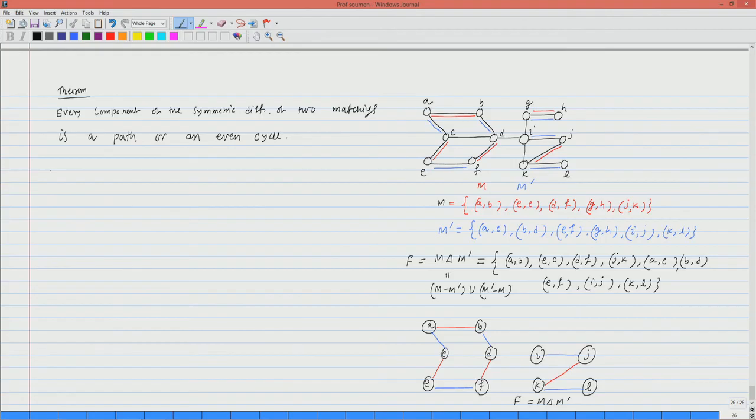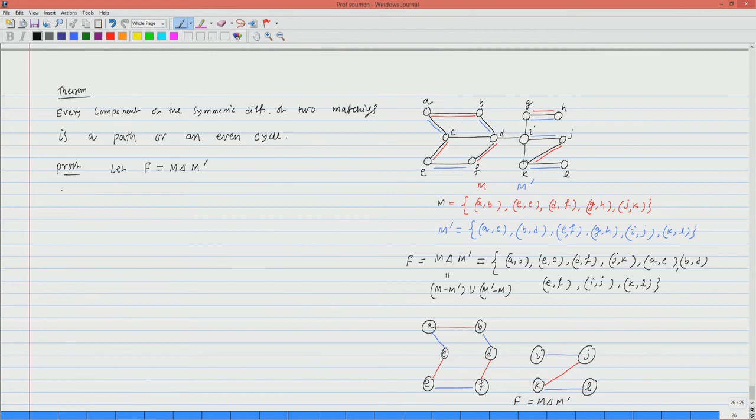So, proof of this one: let F be the graph which is the symmetric difference of M and M prime. Now, it is an easy observation.